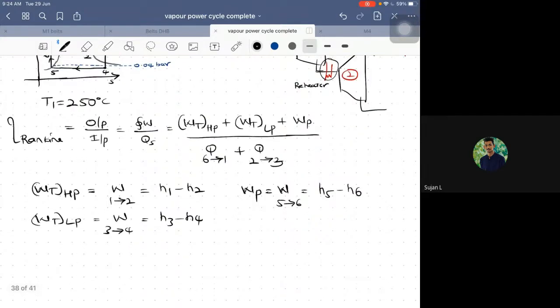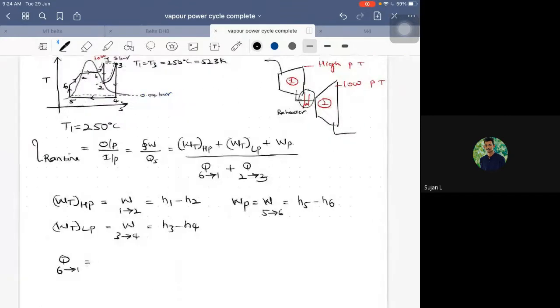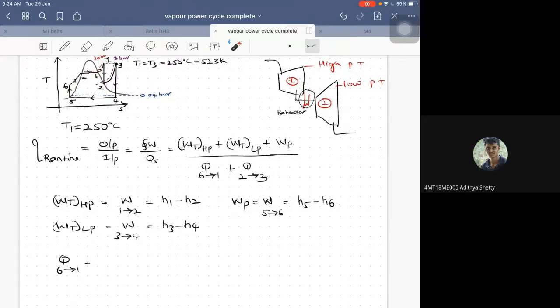Now come to the heats. For heats, you have two heats to be calculated. Give 6 to 1, which is the general heat which you are giving through all these components. For heat, it is final minus initial. So it is H1 minus H6.